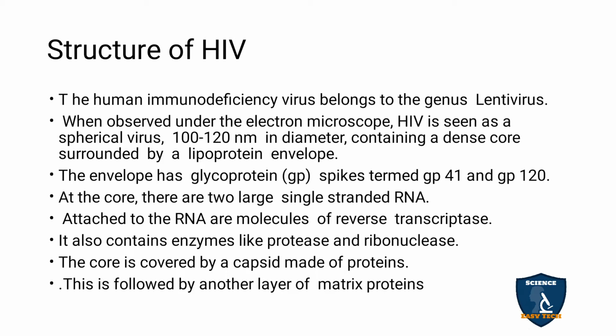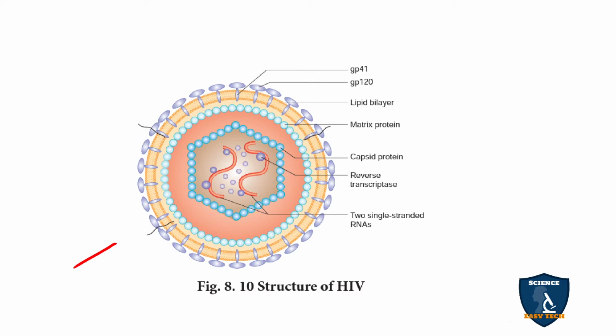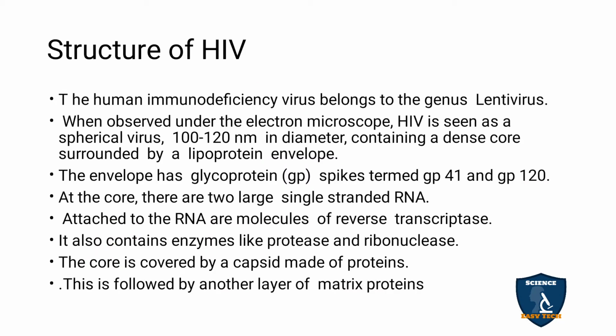The HIV virus belongs to the lentivirus group. When we observe it under the electron microscope, the virus is spherical in shape. The size is 100 to 120 nanometers in diameter.